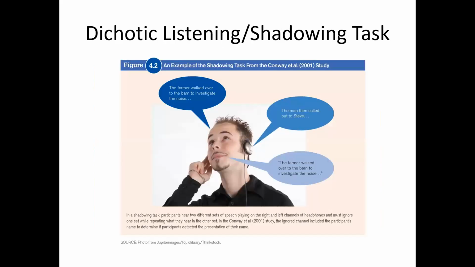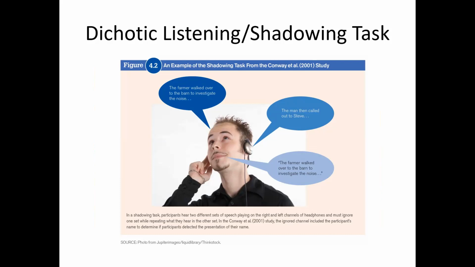Okay, so this is dichotic listening, otherwise known as a shadowing task. And what this is, there's one message that is presented to the left ear and another is presented to the right ear. And participants shadow, which is why it's called a shadowing task, one message to ensure that they are attending to that message, such as what is happening at the left ear here.